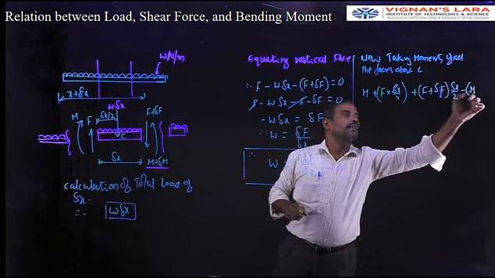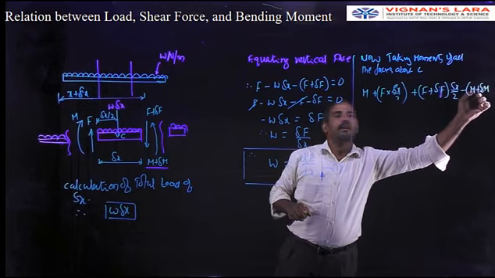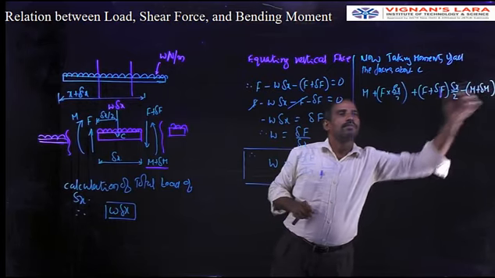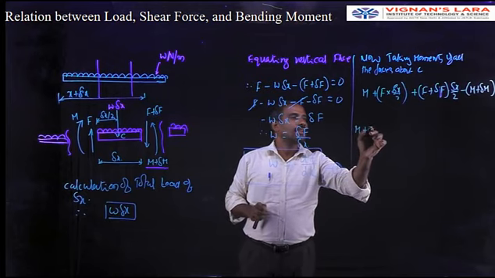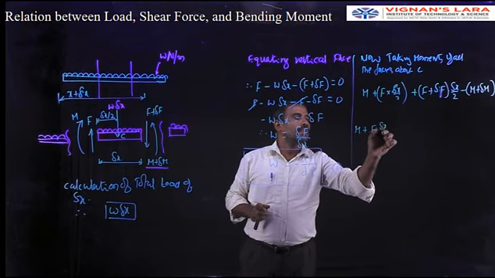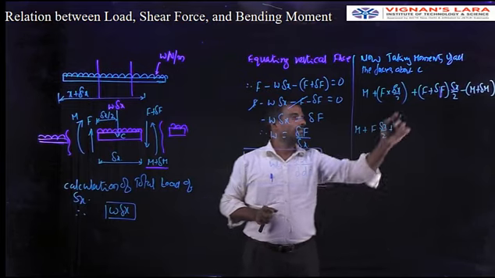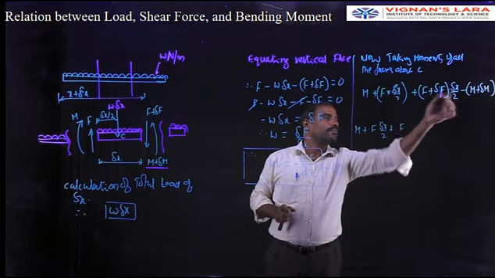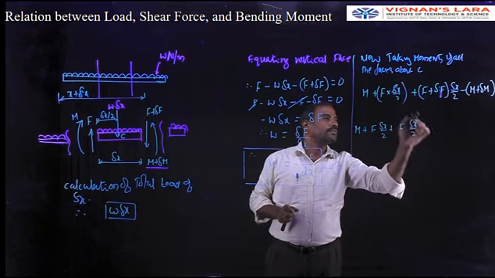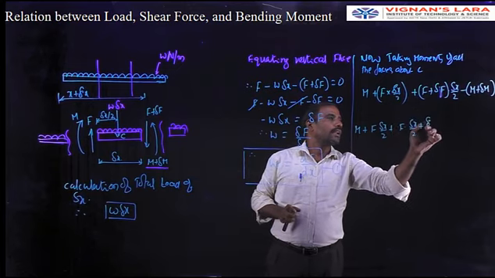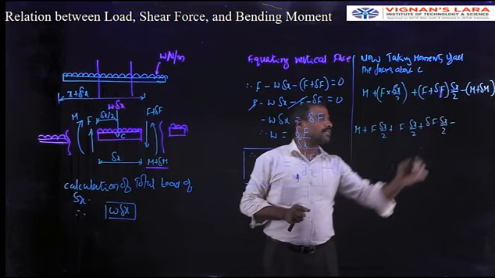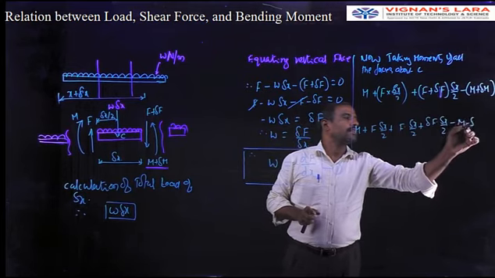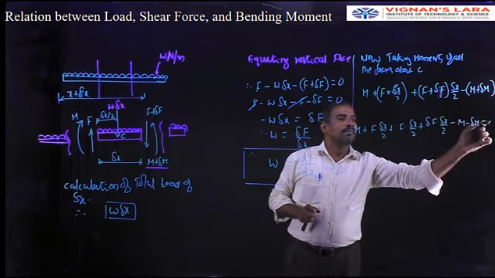Simplify it: M plus F into delta x by 2 plus F into delta x by 2 plus delta F into delta x by 2 minus M minus delta M is equal to 0.